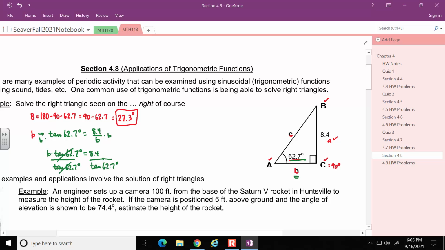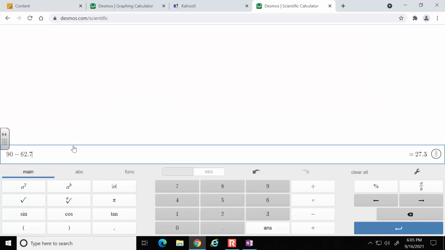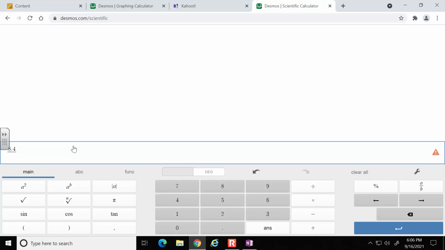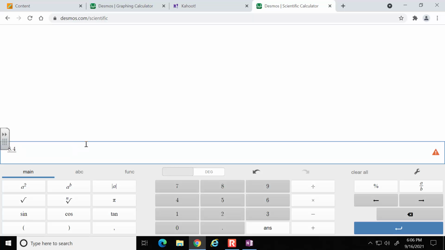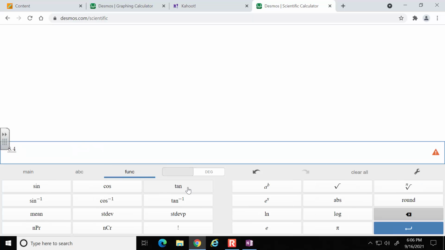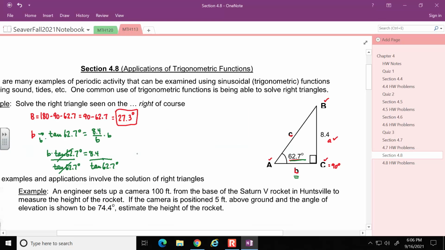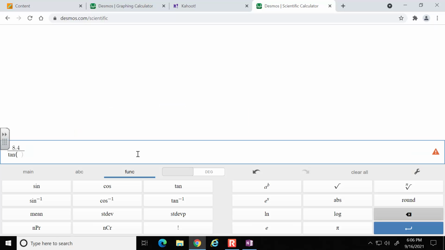And that's going to cancel, and I'm going to be left with 8.4 divided by the tangent of 62.7 degrees. Well, let's figure that out. 8.4 divided by tangent. I don't know if I can do that in here or not, so I'll just come in here and say function tangent of 62.7 degrees.